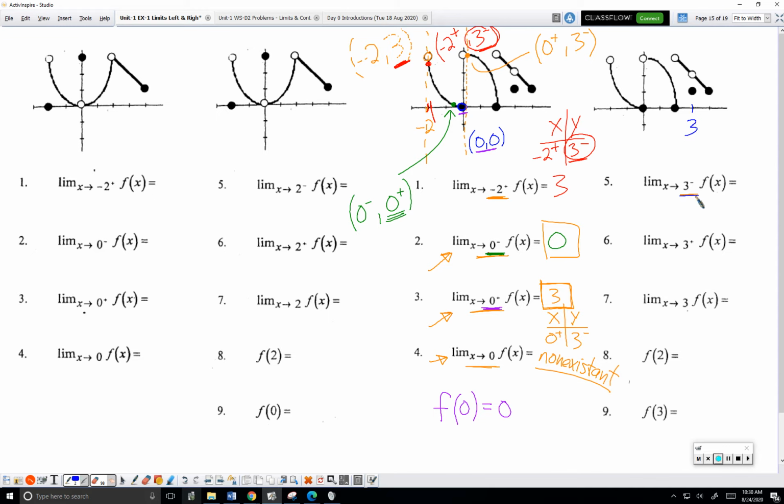I'm looking for an x-coordinate that's a little bit less than 3. In fact, I can answer this. f of 3, that's this dot right here. So that blue dot is located at x equal 3, y equal 1. Therefore, f of 3 is precisely 1.